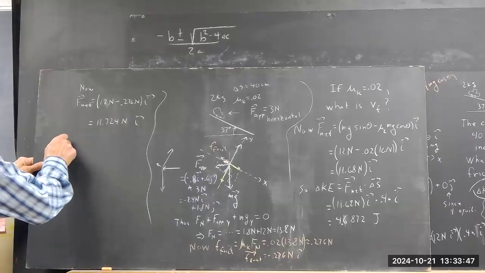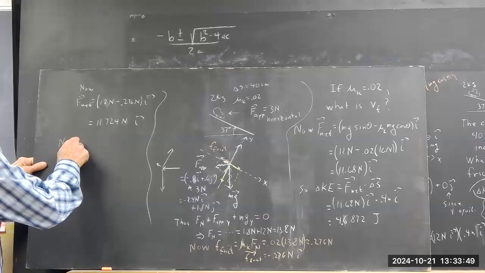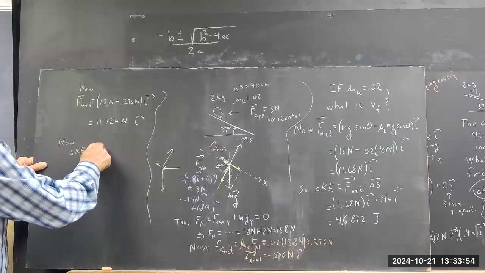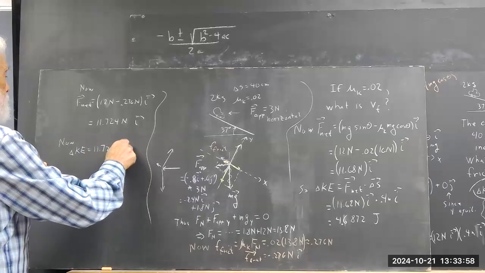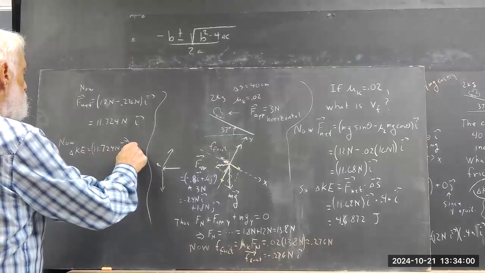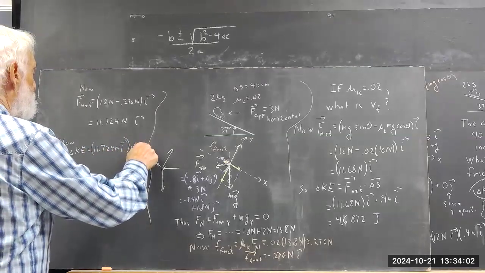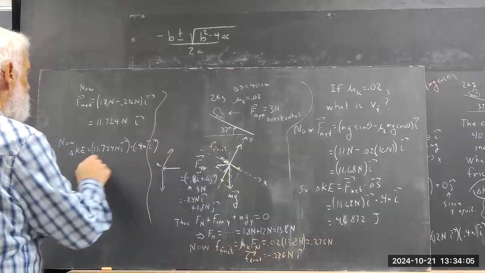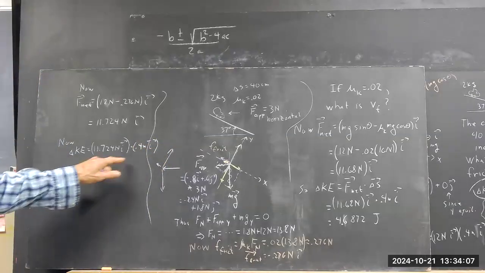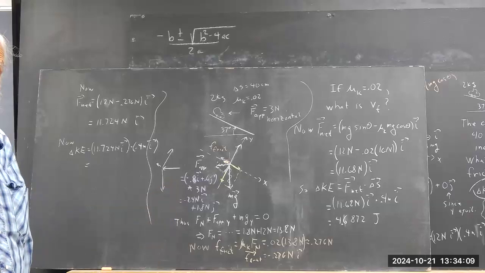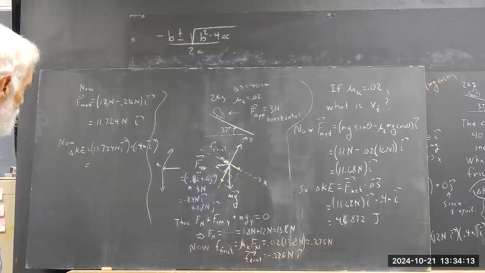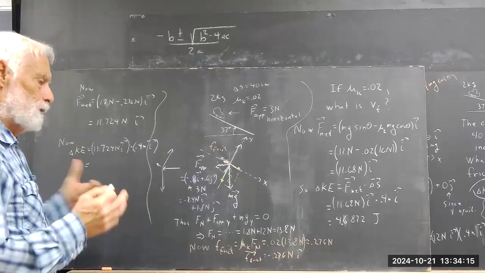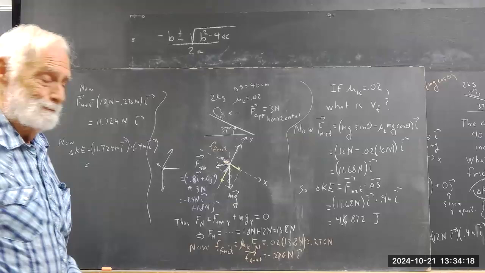Then in this dot product, I dot I is 1. Your basic premises, but I assume that everybody understands that.